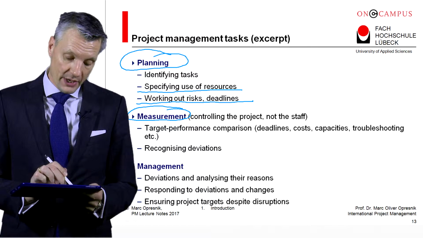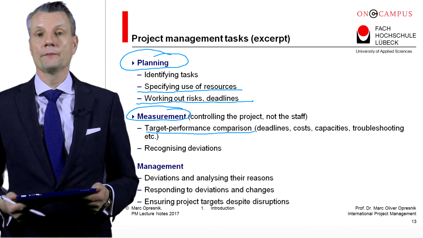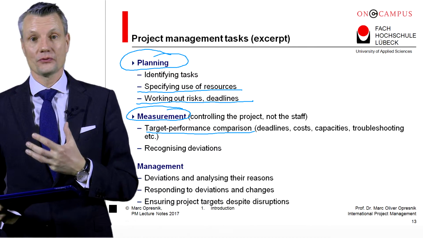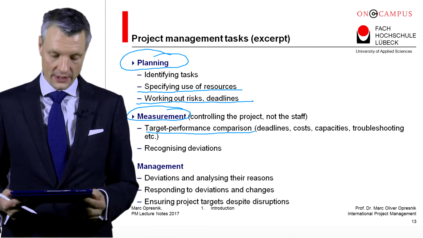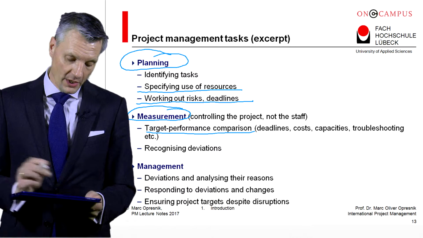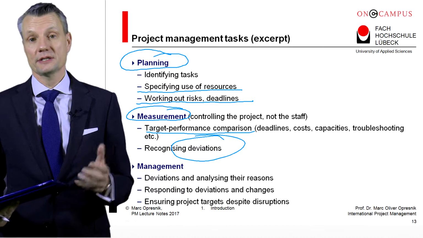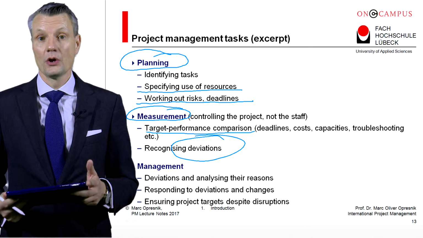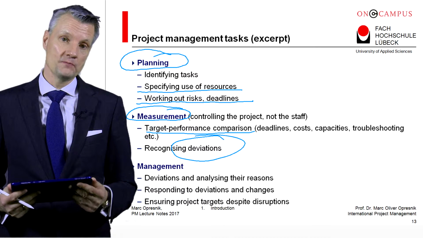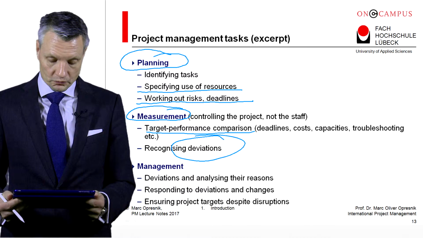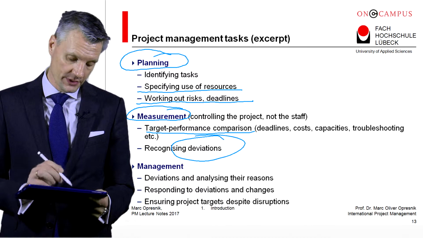So it is the comparison of to-be status and as-is status for each task that has been specified. And if there are deviations, so if you realize that some tasks are late when it comes to implementation, you need to manage that. You need to do issue management in this respect.